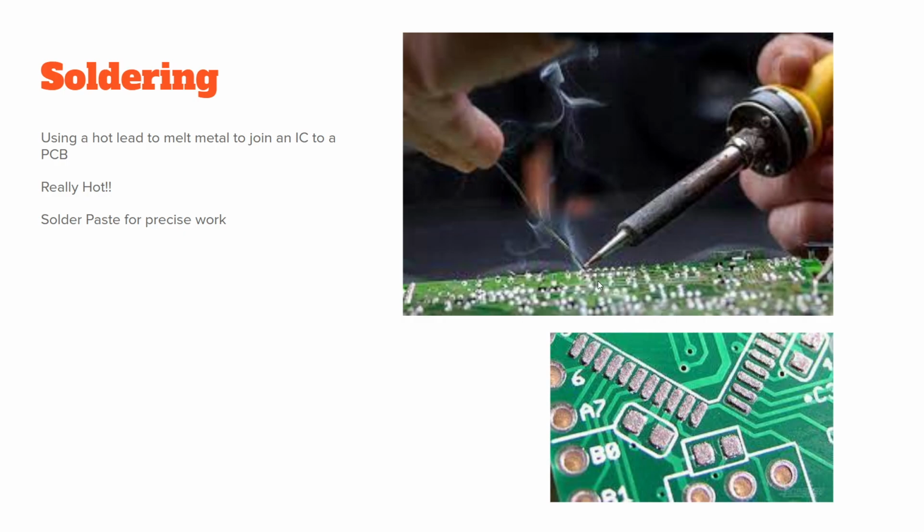I guess you can think of it like that. It melts them together, binds them together, and the metal acts as a conductor. So when you bind an IC onto a PCB, they will conduct electricity with each other, which is super useful in electronics.